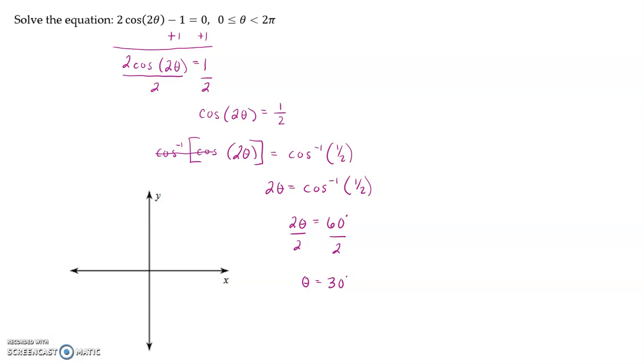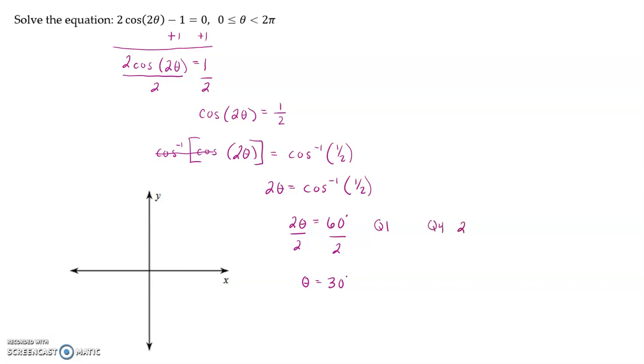Now keep in mind this piece where we have 2 theta equals 60 degrees. This was going to lead us to a solution here that was in quadrant 1. Right. Keep in mind, if we're working with a cosine value and it came out to be a positive 1/2, we also need to account for a solution that is in quadrant 4.